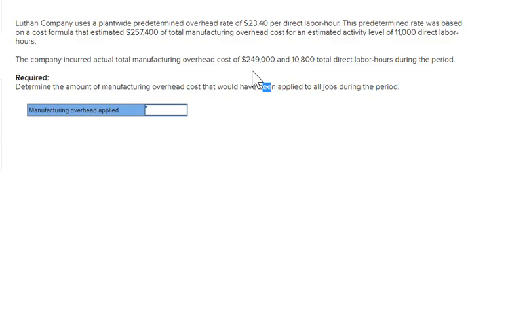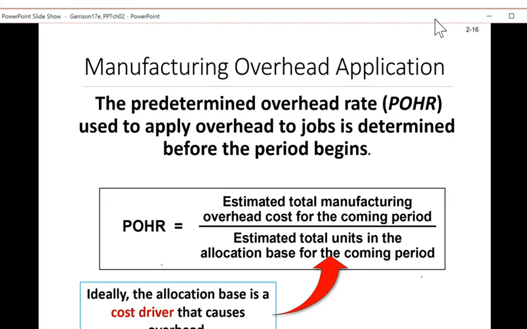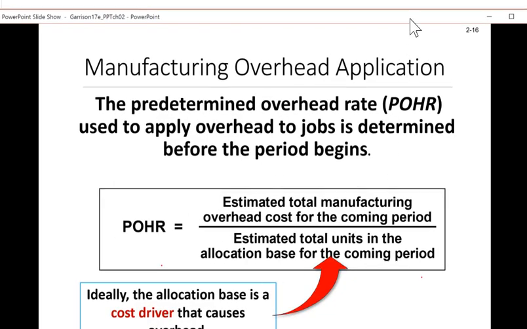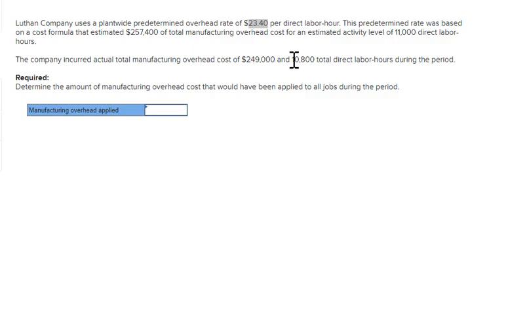When you apply, you use this rate multiplied by the actual number of your allocation base. We use the estimated allocation base to get the rate, but once we have the rate, at the end of the year we use this predetermined rate multiplied by the actual number of your allocation base.